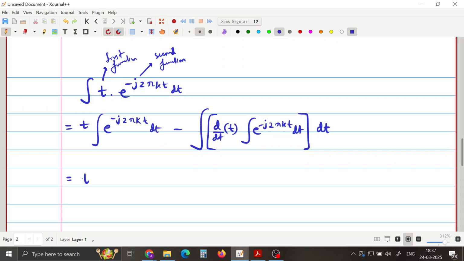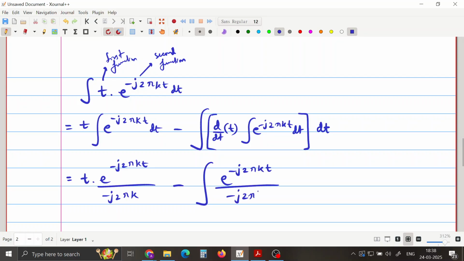Now this first term becomes e power minus j 2 pi kt divided by minus j 2 pi k, minus integral. The differentiation of t with respect to t is 1, so this term becomes 1, and once we integrate this exponential term we end up with e power minus j 2 pi kt divided by minus j 2 pi k, and again we have this dt here.